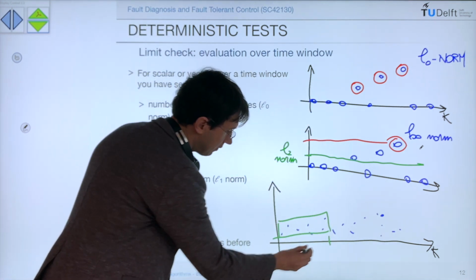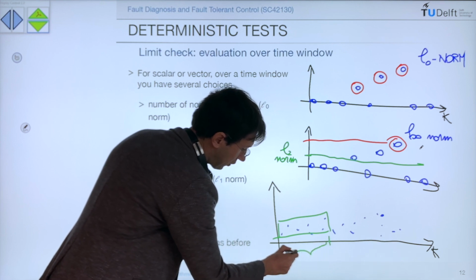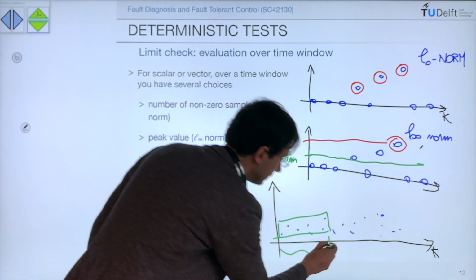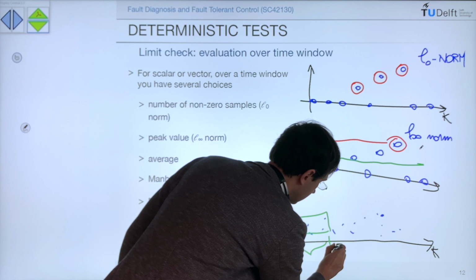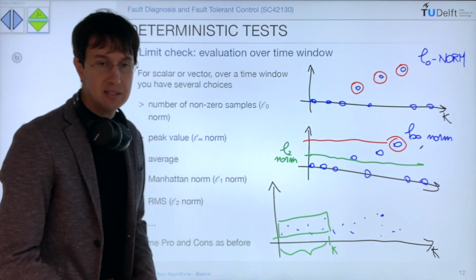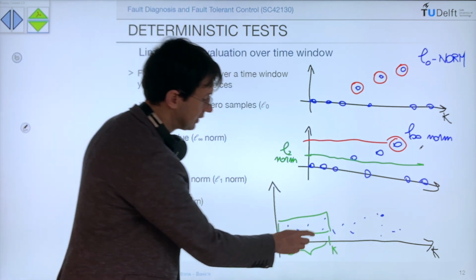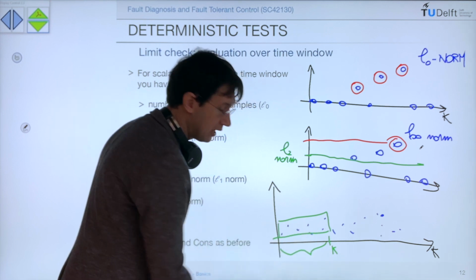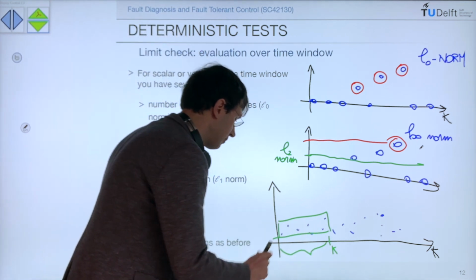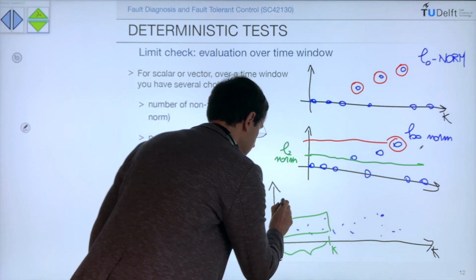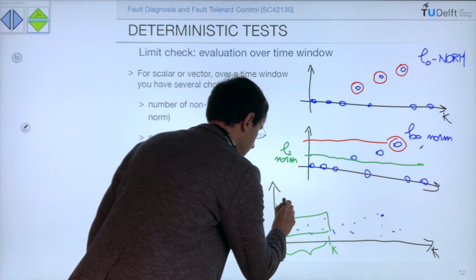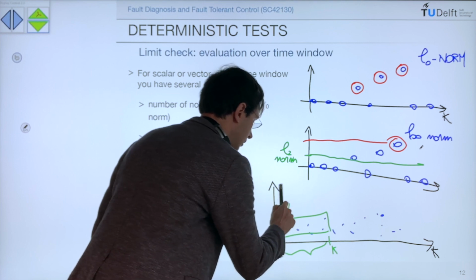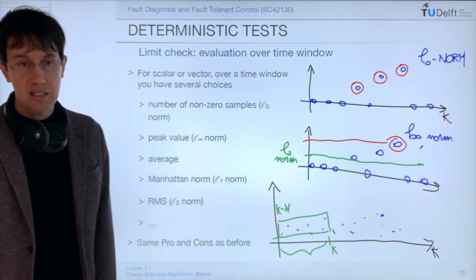So this is my window. At this instant k, I'm looking at the samples I have at time k, k minus 1, k minus 2, k minus 3, up to some k minus n that is here, where n is the length of the window.